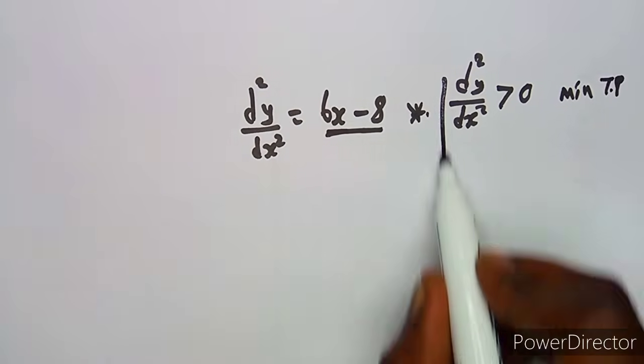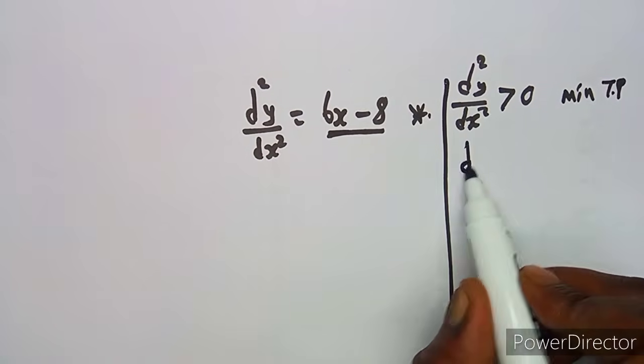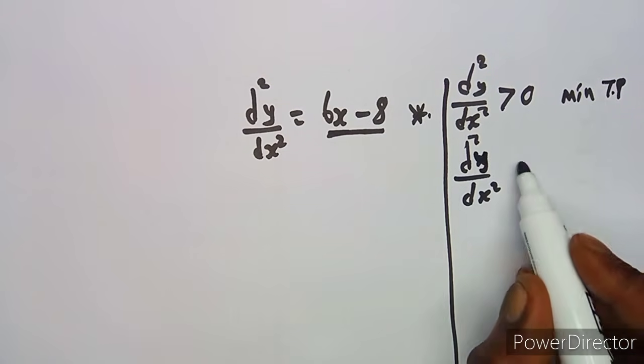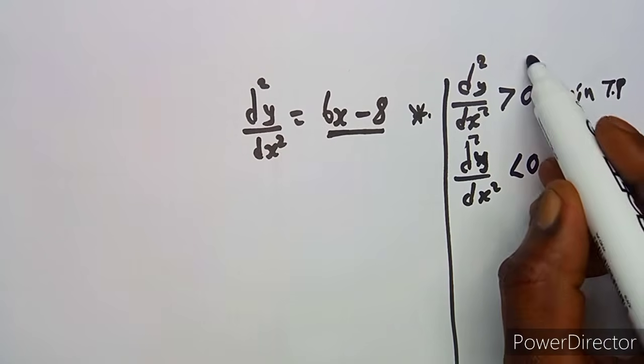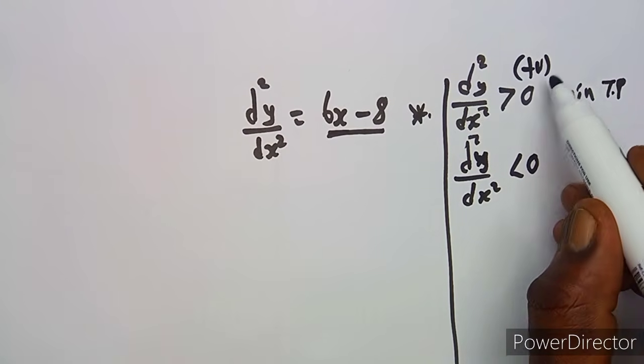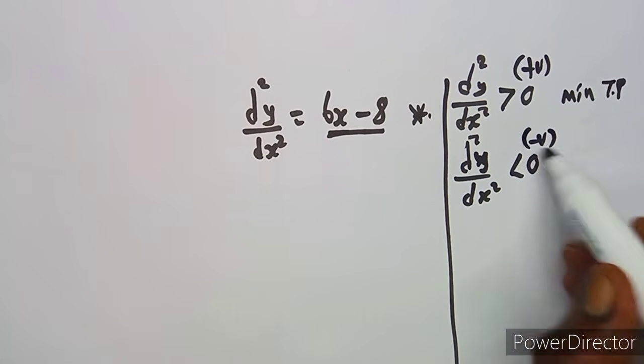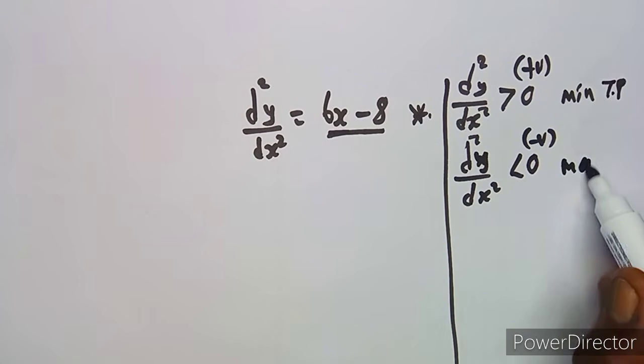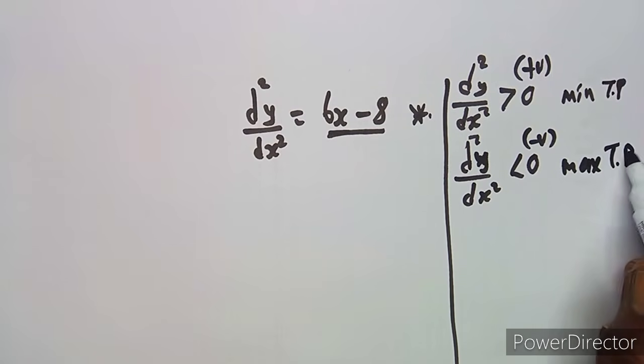If this second derivative with respect to x is less than 0, which means you are working with negative values, that's a maximum turning point that you're talking about.